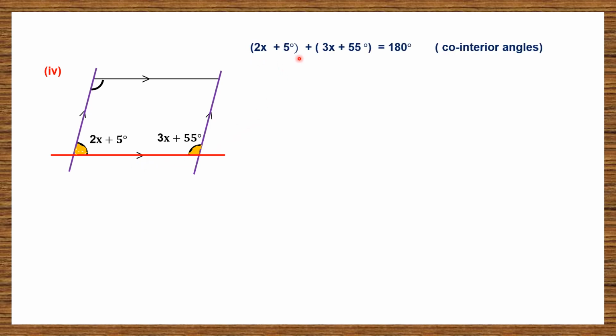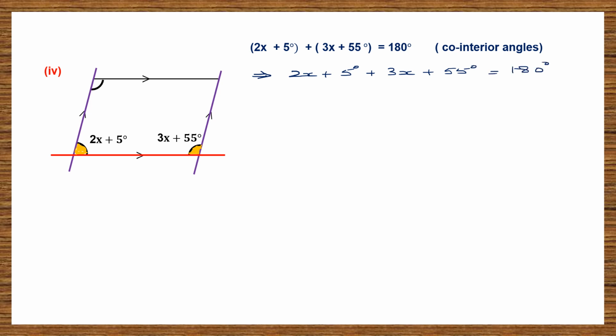So we have (2x + 5) degrees plus (3x + 55) degrees. That should be equal to 180 degrees because they are co-interior angles. So now let's remove the brackets. So this will be 2x plus 5 degrees plus 3x plus 55 degrees. And all this is equal to 180 degrees.